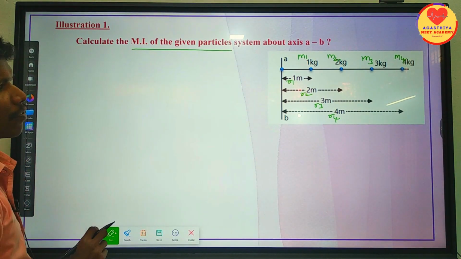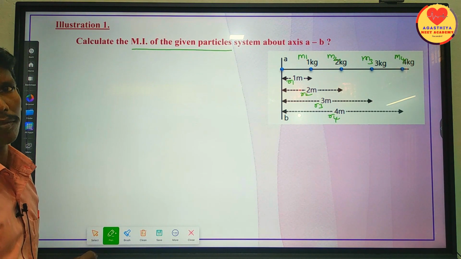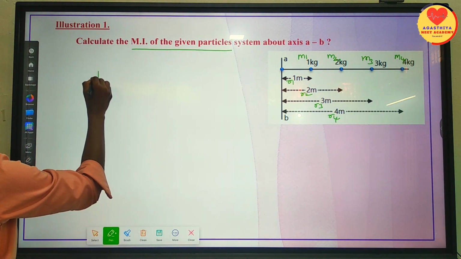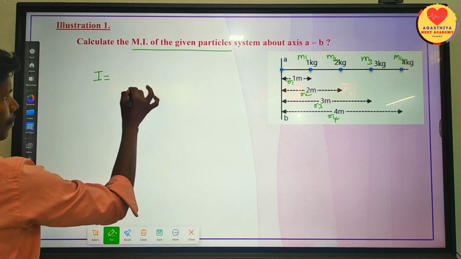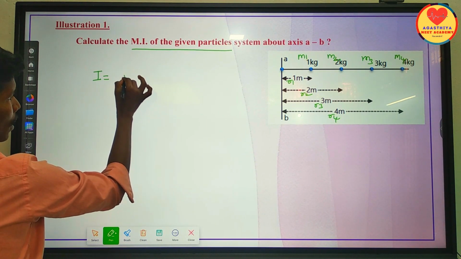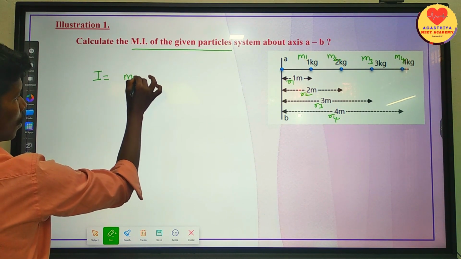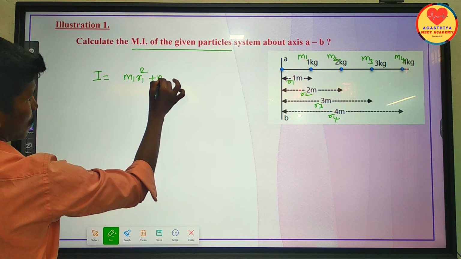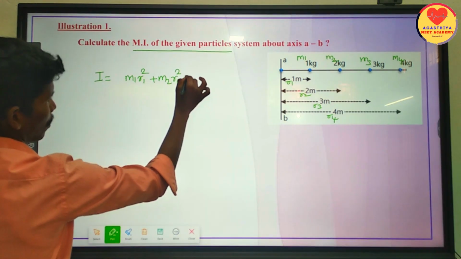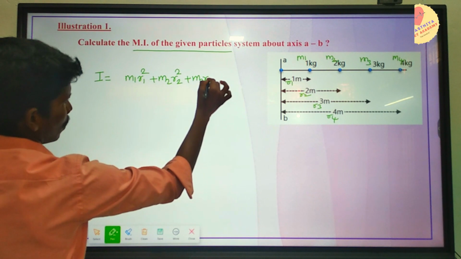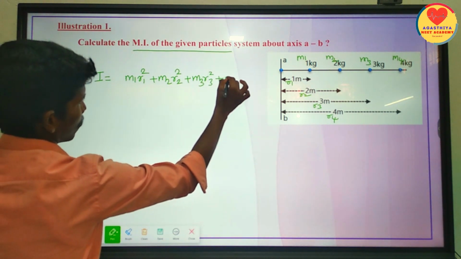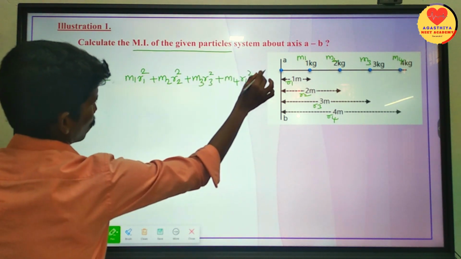To find the moment of inertia in the given situation, I equals m1 r1 square plus m2 r2 square plus m3 r3 square plus m4 r4 square.